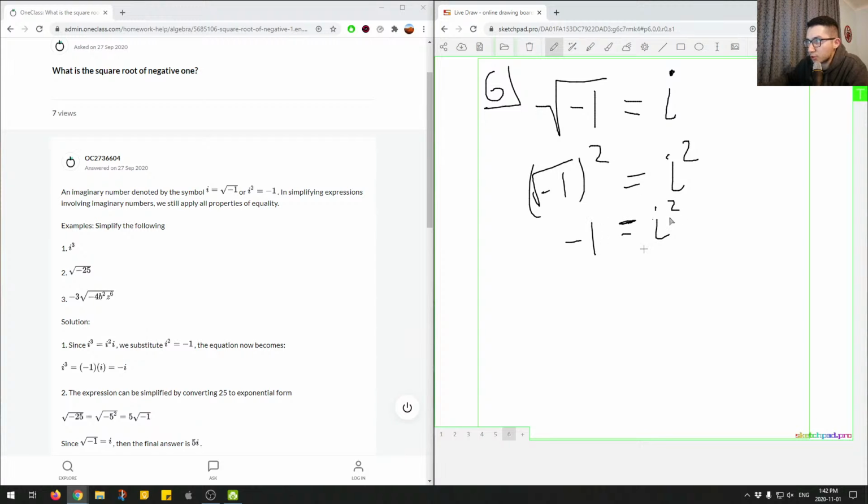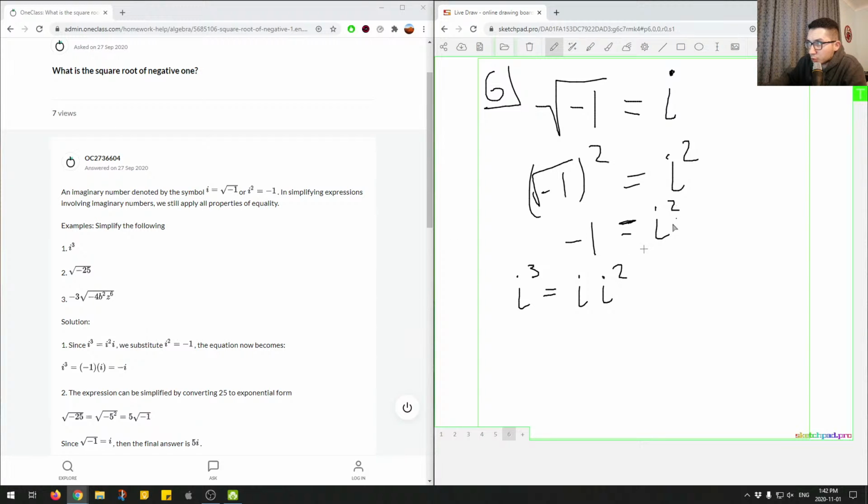And this is also useful to know when simplifying. So let's go through these examples to help us simplify. The first example is i cubed. We can represent this as i times i squared. Right away you can see where we're going with this.